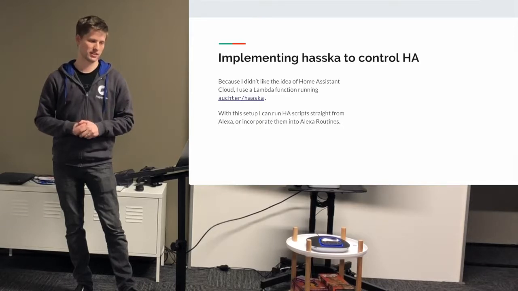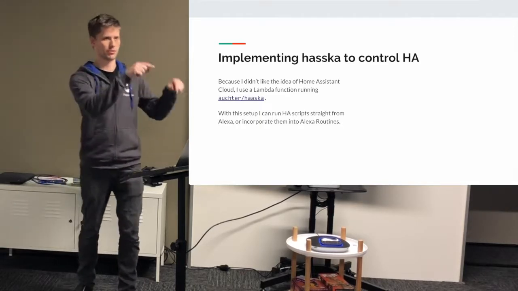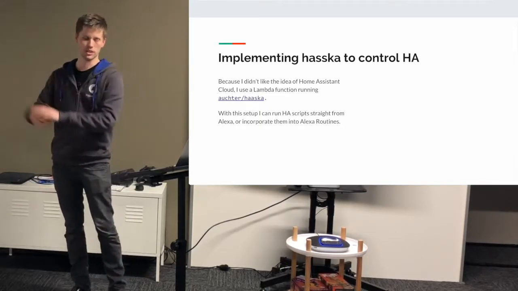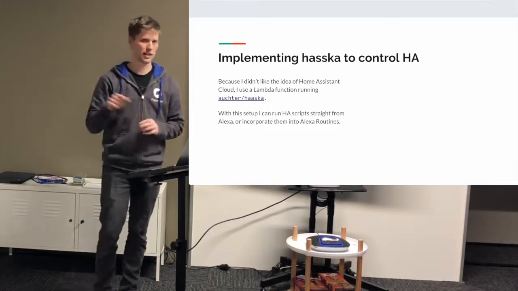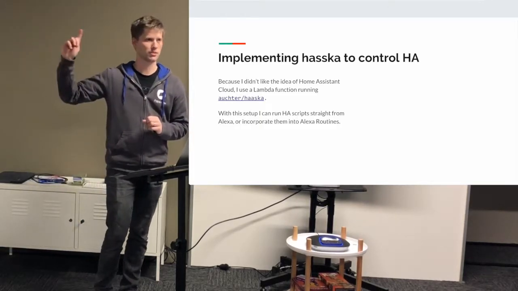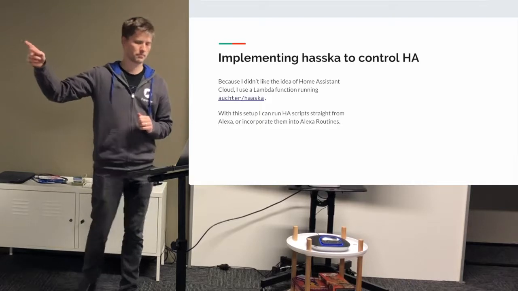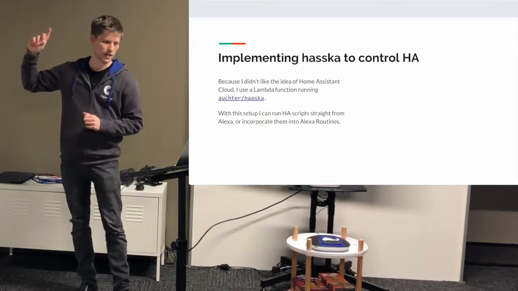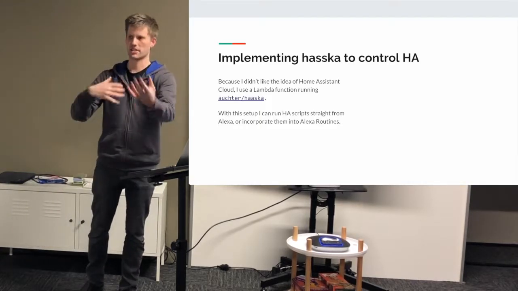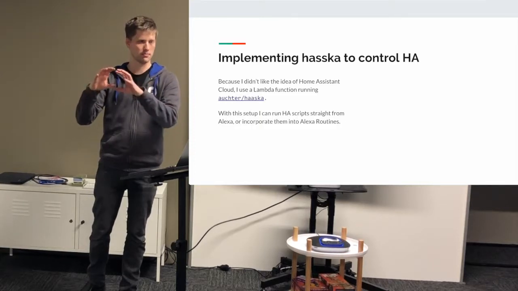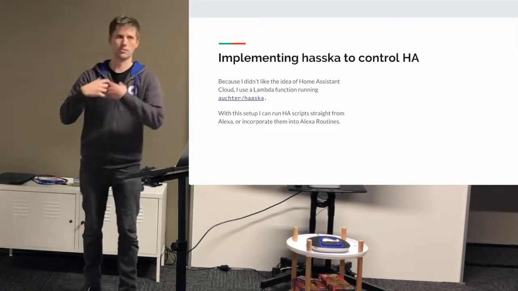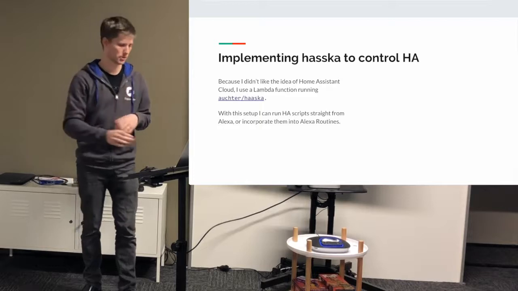Basically you just take this thing, there's a whole set of instructions, you run through those, put this Lambda function in your Amazon account, point it at your public-facing URL for your Home Assistant interface, and then all of your Home Assistant devices will show up in your Alexa app, and you'll be good to go.